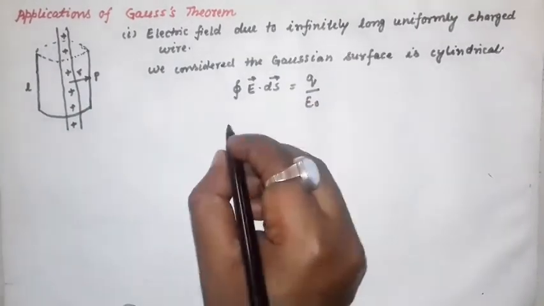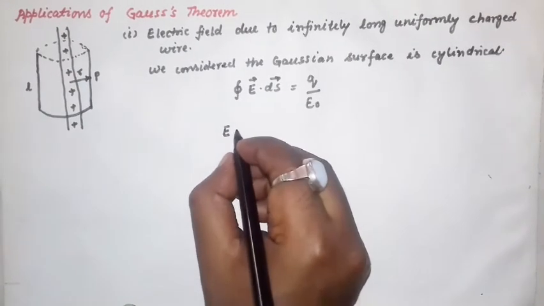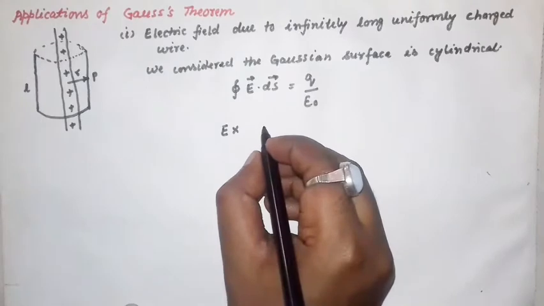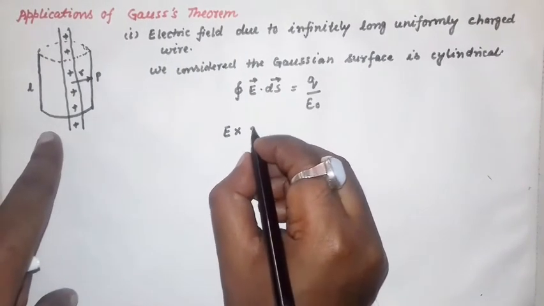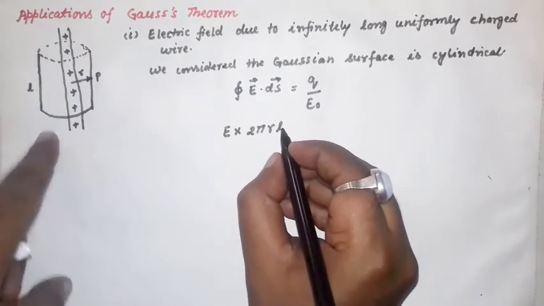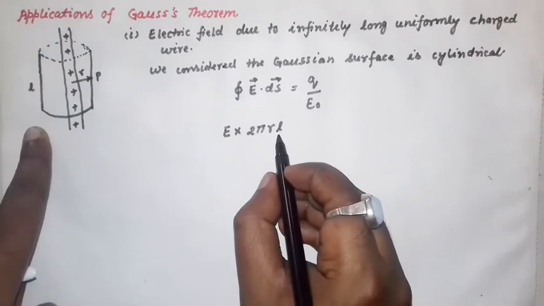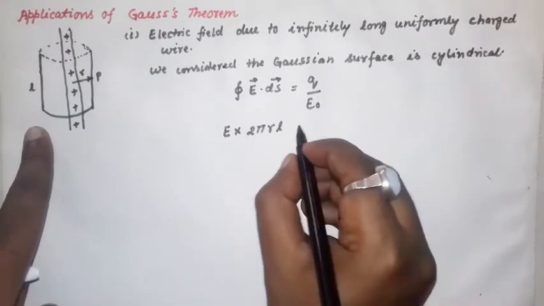So this quantity will be equal to the electric field into surface area. So the surface area of cylinder will be equal to 2 pi r into L. If we consider the length of cylinder L, then 2 pi r L. So E into 2 pi r L.